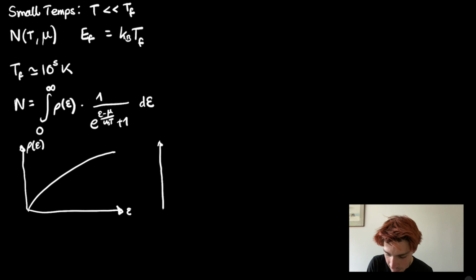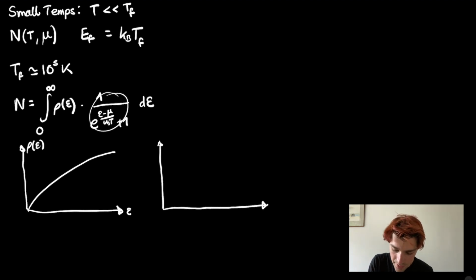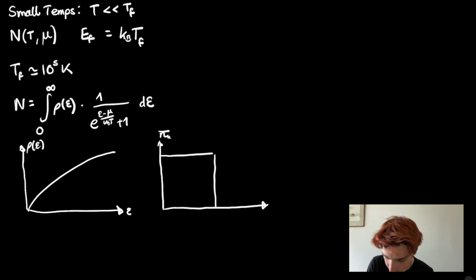And the other one, of course, is this term right here, the Fermi distribution. So this we said at absolute zero was a step function, so it just suddenly cut off at the Fermi energy.